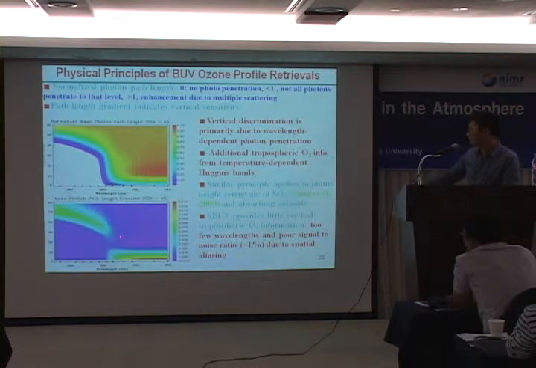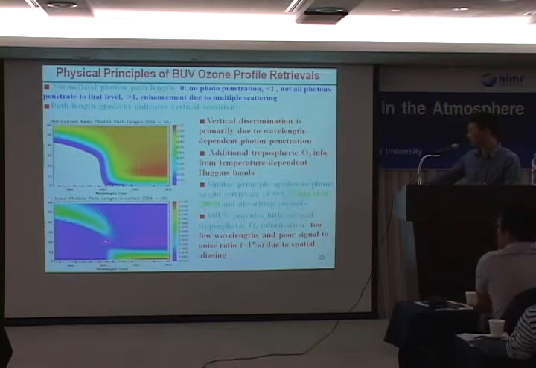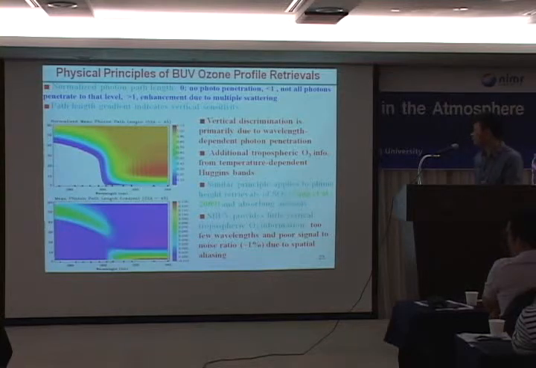The lower panel is the vertical gradient of this figure, which actually tells you about the vertical information. So you have some vertical information in the stratosphere, and some in the troposphere, but it's relatively weak in the UTLS region.